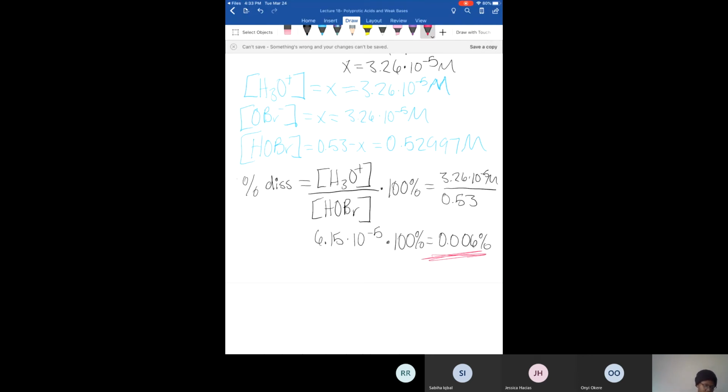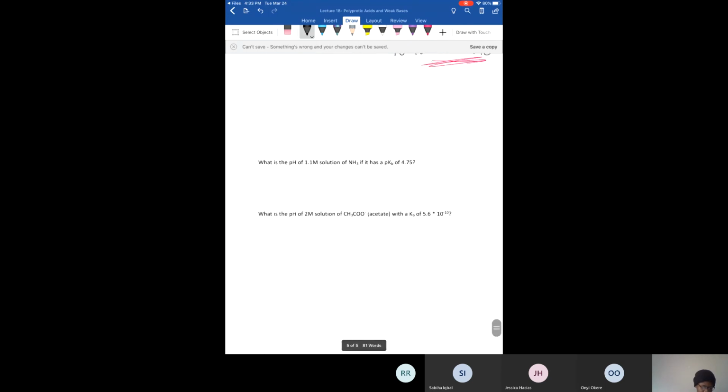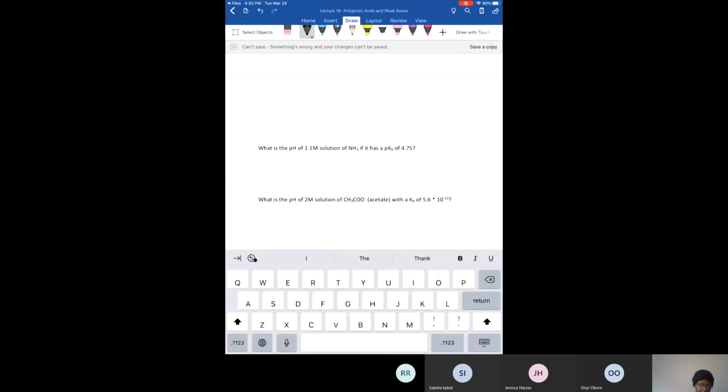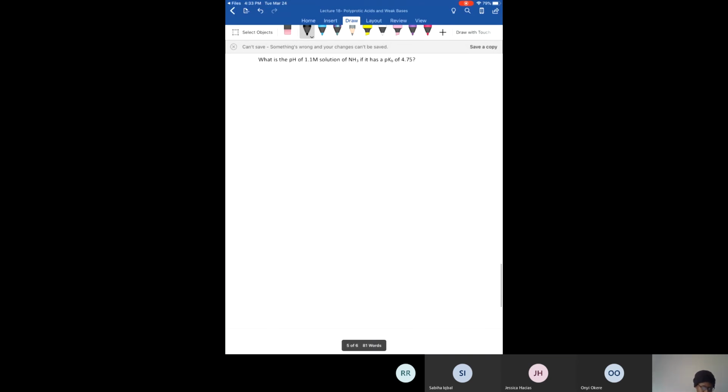Okay, so I think I'm only going to do one of the base problems because pretty much they're the same. One of them just gives you Kb, the other one gives pKb. So let's just do this first one.